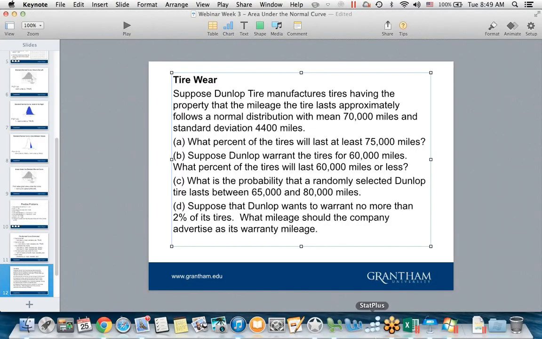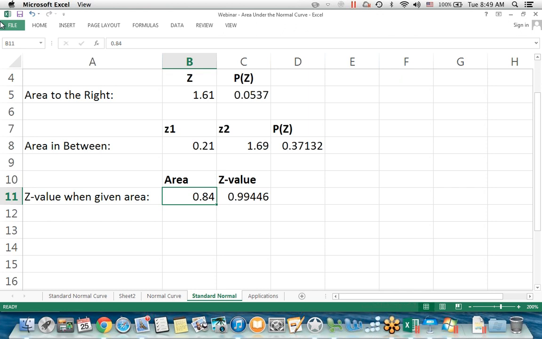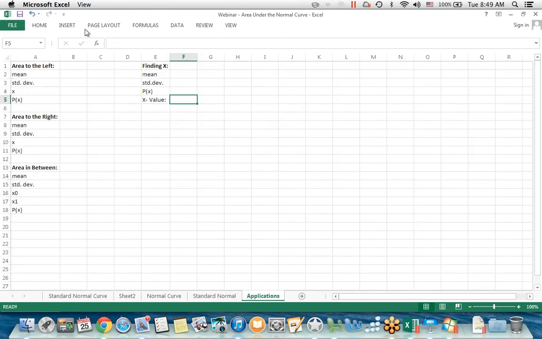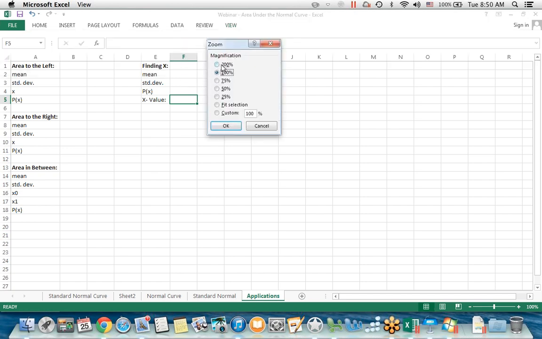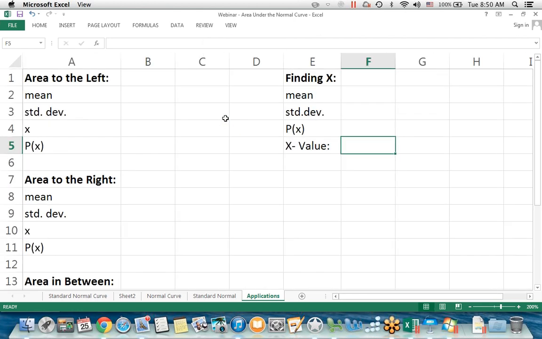Remember the formulas that were given on the previous slide, and let's go over to Microsoft Excel. Here I've already set up a table that we're going to use. Let me zoom in to make this bigger, easier for you to see.